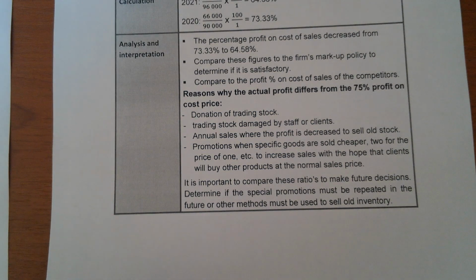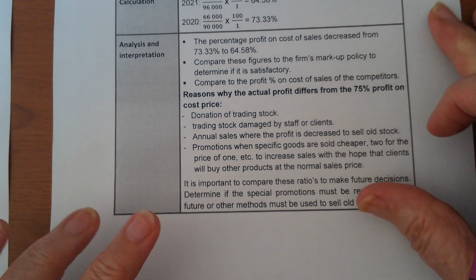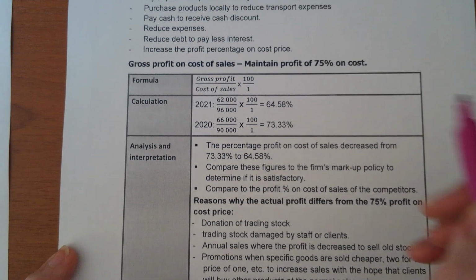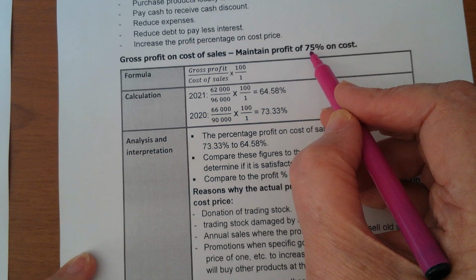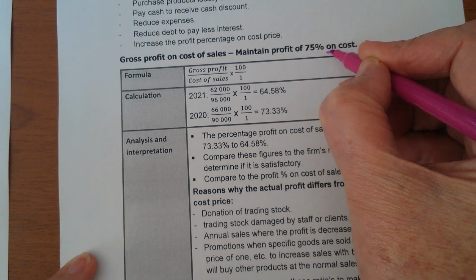The calculations are done to interpret the accounting records to decide whether any measures must be taken to improve the situation. So, first of all, I look at the answers that I calculated now, and I take into account that the business maintains a profit of 75% on cost price.